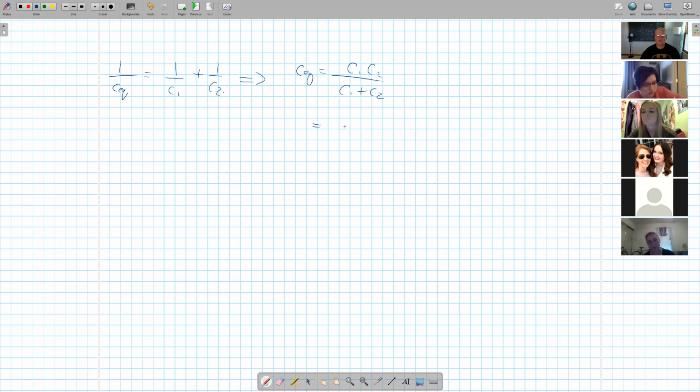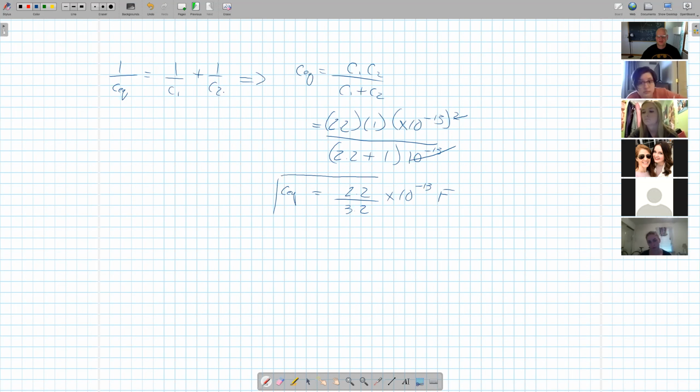So this is going to be equal to 2.2 times 1 times 10 to the minus 13 squared divided by 2.2 plus 1 all times 10 to the minus 13. Okay. So here, one of these 10 to the minus 13s will cancel out. So it's going to be the same thing as 2.2 divided by 3.2 all times 10 to the minus 13. And the units of this thing is what's known as a farad. So this is going to be our equivalent capacitance for this system.